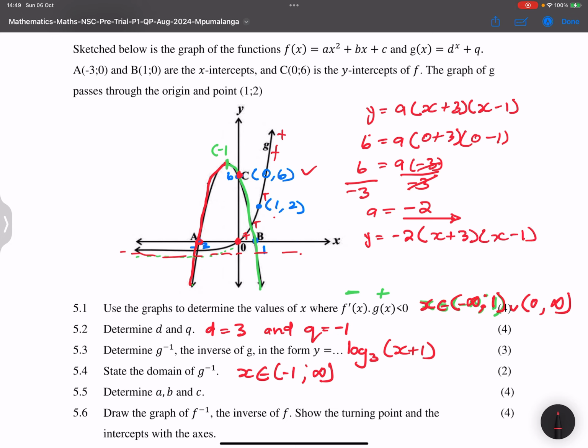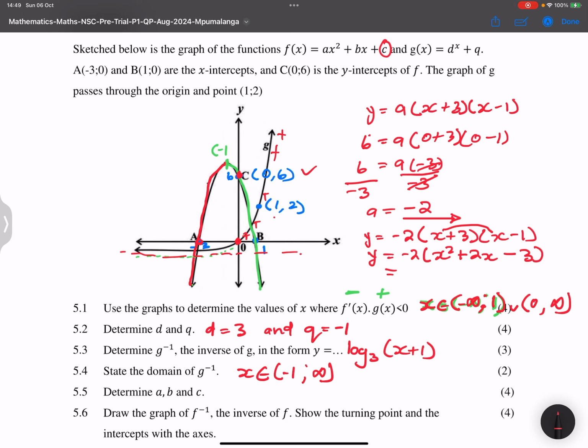Nothing wrong if you decided to substitute there. I mean, you already know that the C value is 6, and you can actually just substitute. But I chose this route. So that will be x squared, x times x. I'm working inside the bracket. We've got 3x and minus x, which is going to give me plus 2x minus 3.